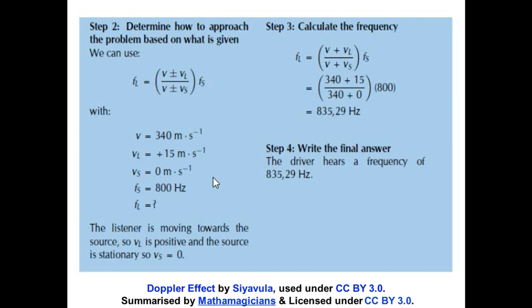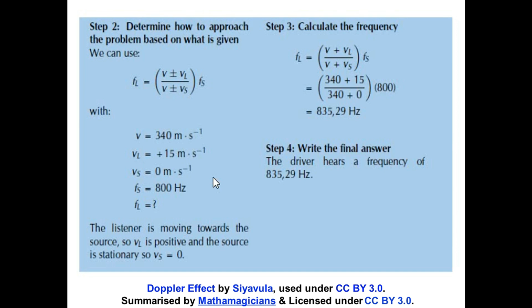We get an answer of 835,29 hertz. Then we write down the final answer: the driver hears a frequency of 835,29 hertz. And that, ladies and gentlemen, is our final answer. There you go, that is full marks for this question.